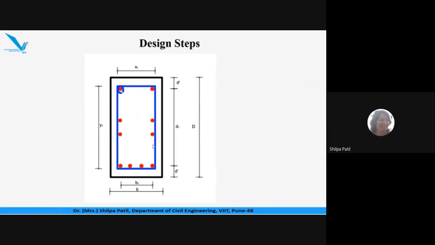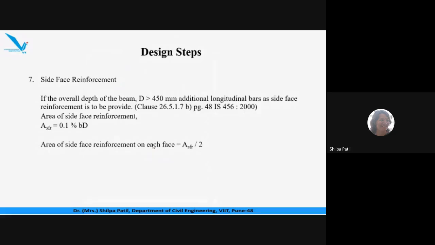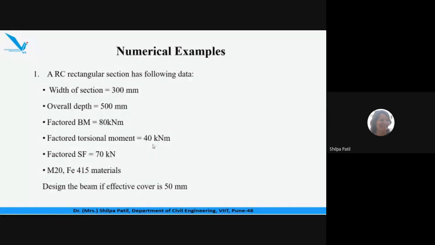Is it clear, guys? The design for torsion. Any doubts in this? Students?